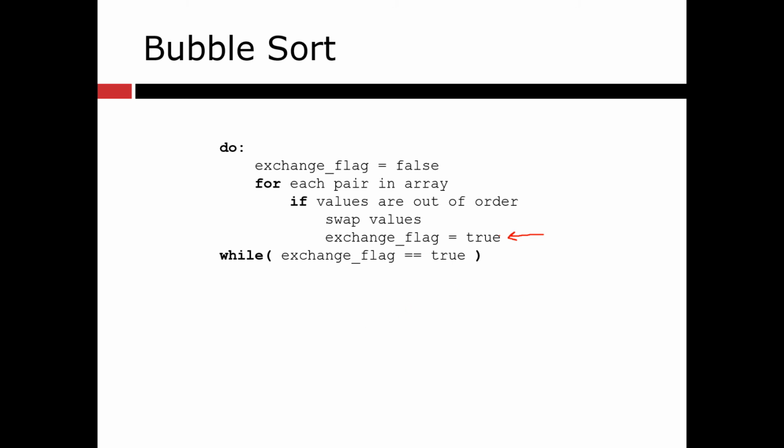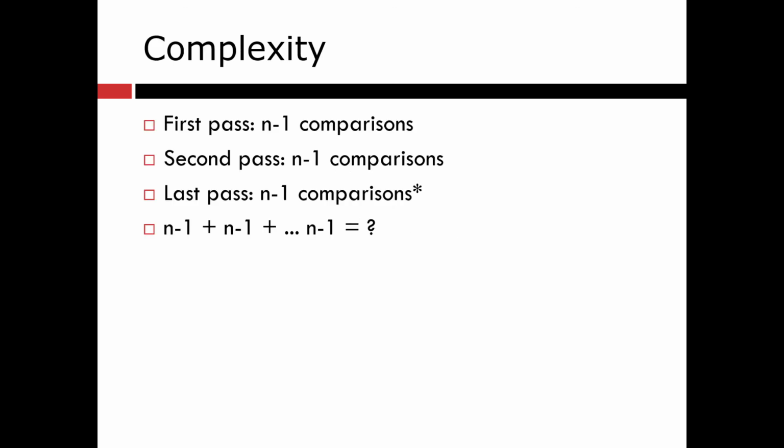Again, pretty straightforward, pretty simple, not complicated from an algorithm standpoint, but now let's look at the complexity, right? Our first pass, n-1 comparisons. Second pass, n-1 comparisons. Last pass, turns out, n-1 comparisons. Now I have this asterisk here because you can modify the algorithm to not go all the way through your array. You can stop it to only go like i through i minus the number that you've assigned.